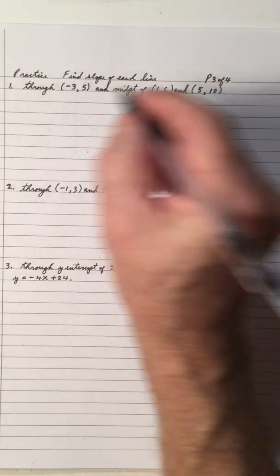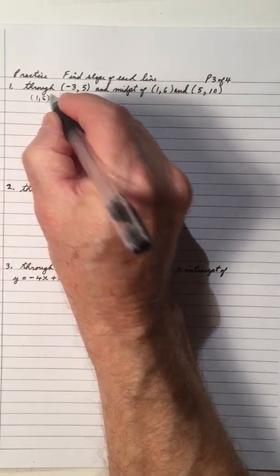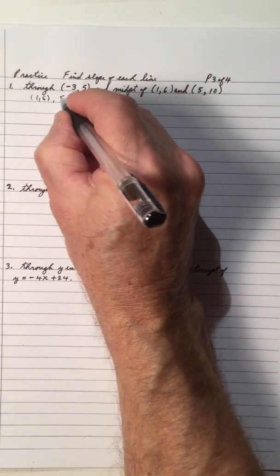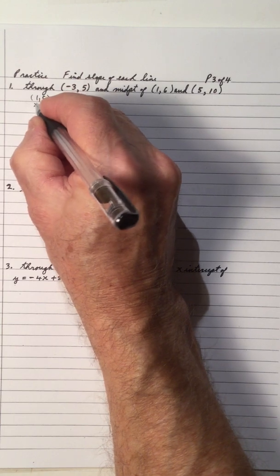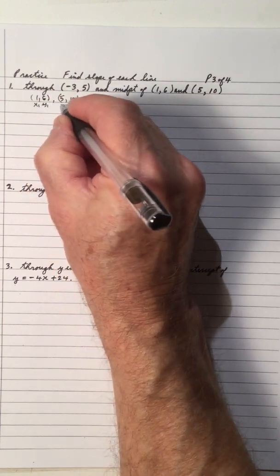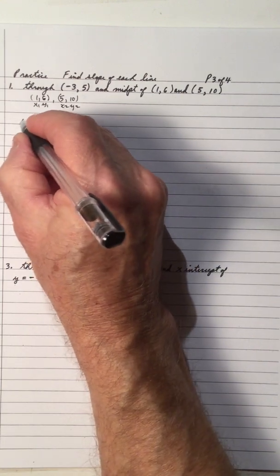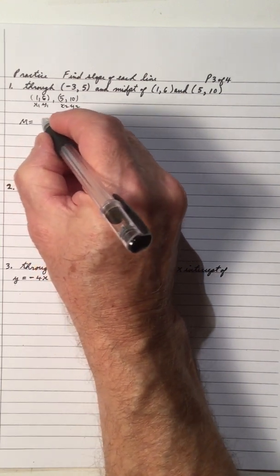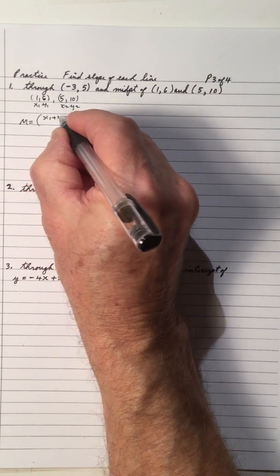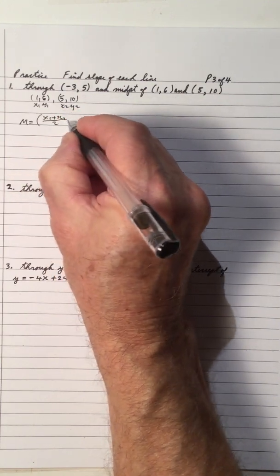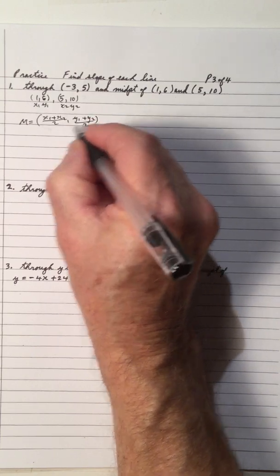So we have this midpoint of (1, 6) and (5, 10). We're going to find a midpoint. So this is x1, y1, x2, y2. And so the midpoint is the average. So it's (x1 plus x2) over 2, (y1 plus y2) over 2.